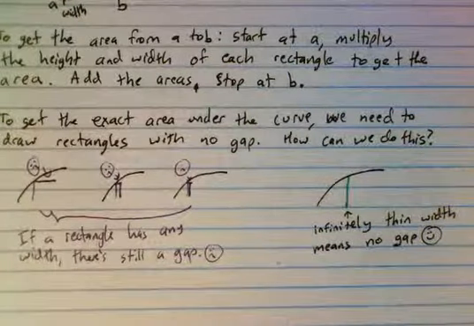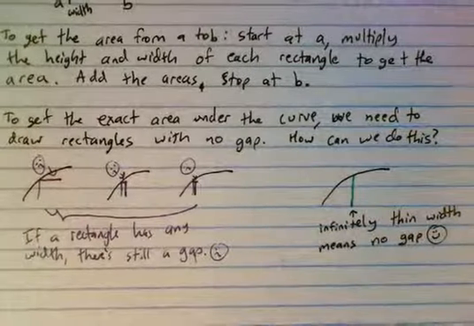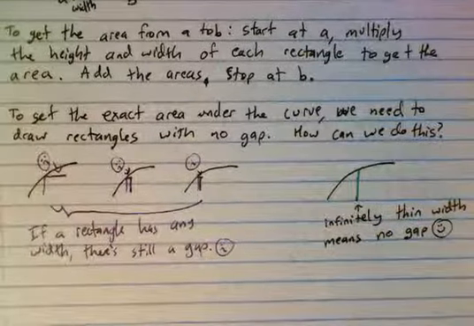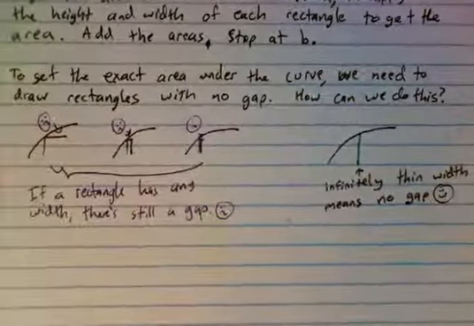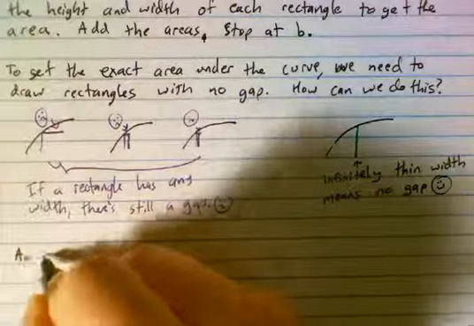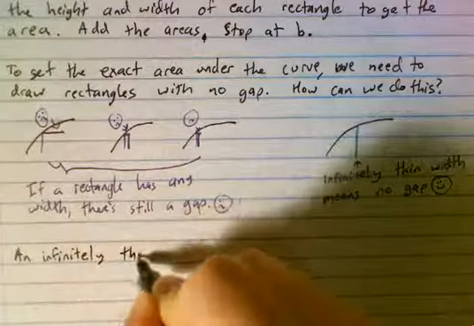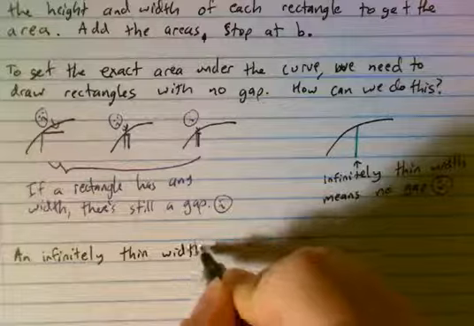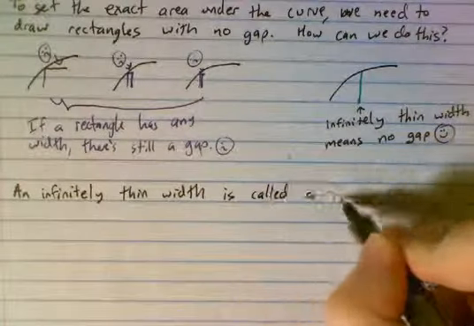This was great for solving the problem, but mathematicians really choked on the idea of an infinitely thin width. It actually took quite a long time for this idea to win acceptance. Now that it has, however, it makes life a lot easier for us as long as we know a couple things about it. An infinitely thin width is called a differential.